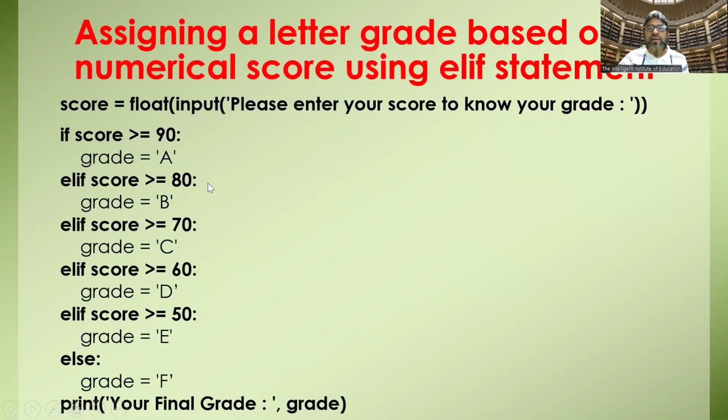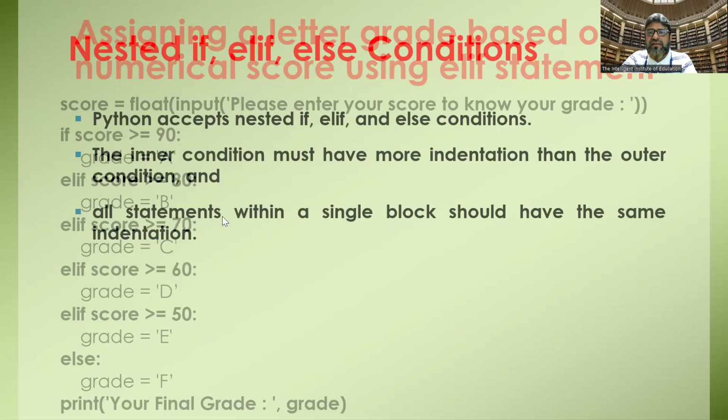Next, here also I have given one example, where we are going to check the score, and according to the score, it will display your final grade, right? Here we have used if, then elif 3 times, 4 times, then else, and finally your grade will be there.